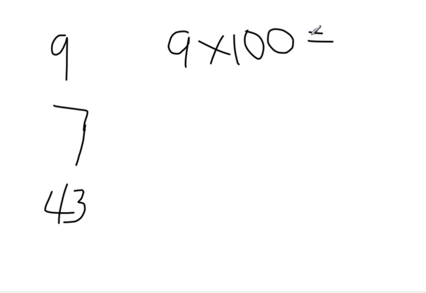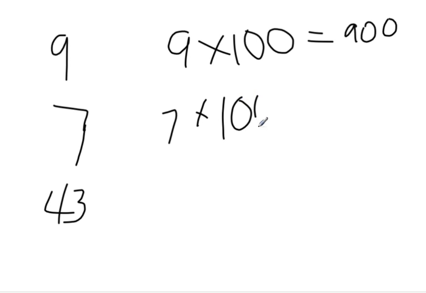If I add one more 0, my answer is 900. If I do 7 times 100, I already knew that 7 times 10 was 70. All I need to do is add one more 0.